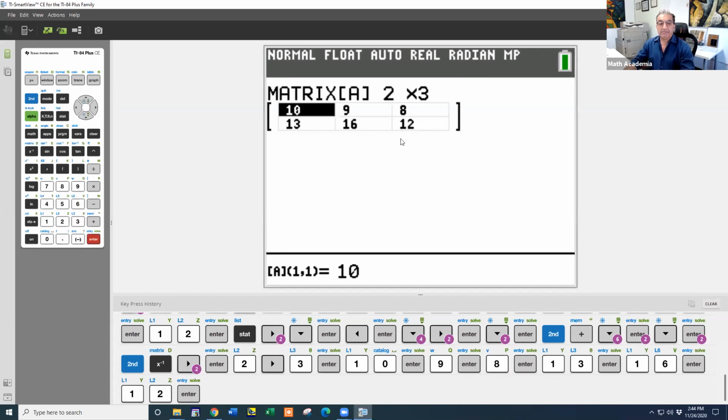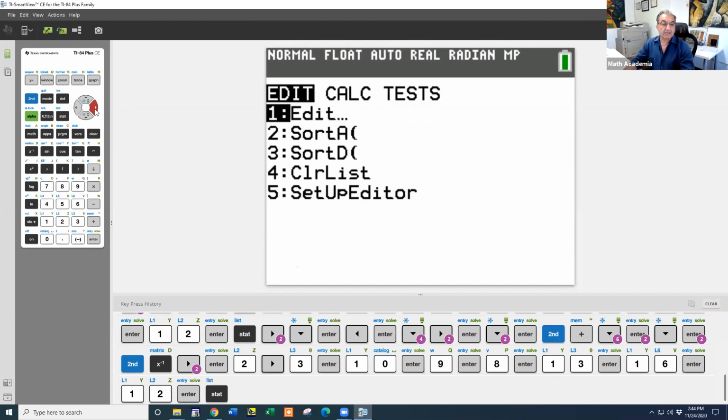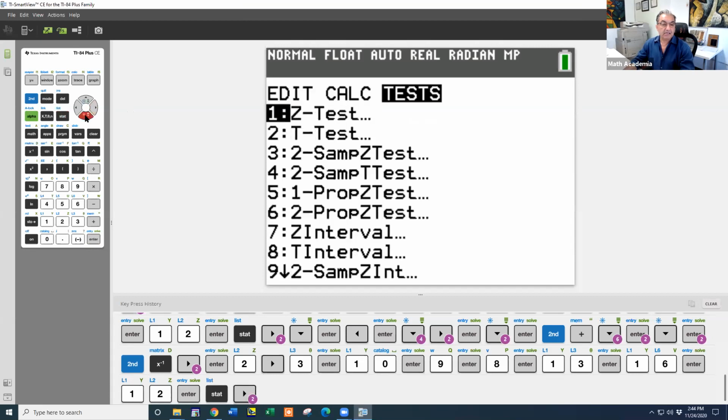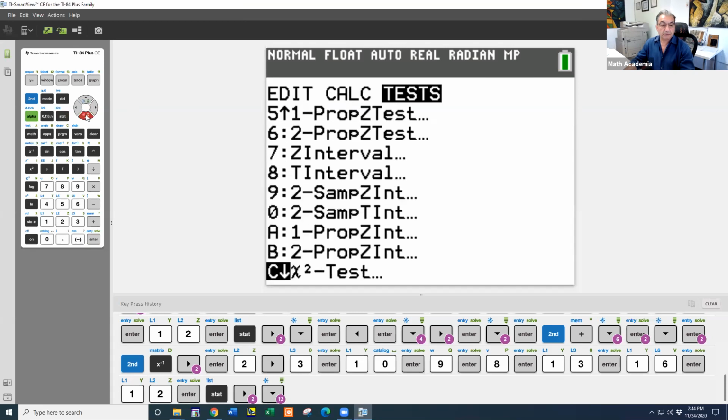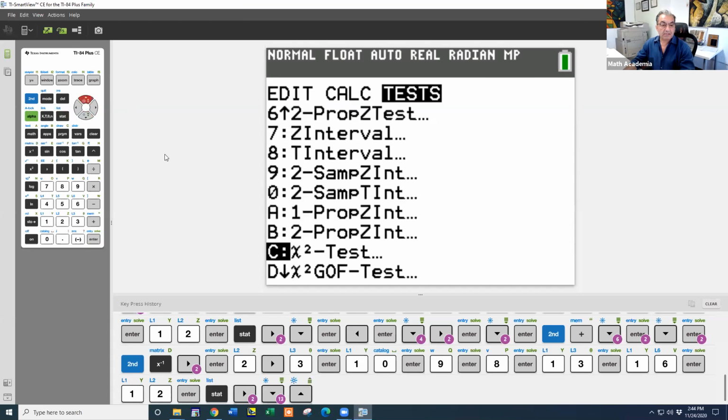Once you complete the matrix, then you go to stat again and tests again. Scroll down and you're going to see chi-square test. You have chi-square GOF test. This is goodness of fit. I'll talk about this in the next video, but this is just chi-square test.